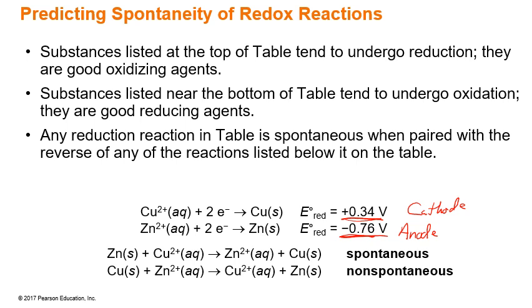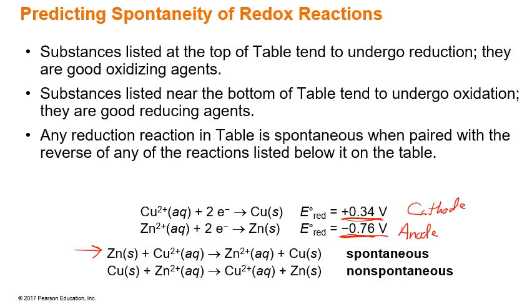So our spontaneous reaction is going to be the zinc forming zinc 2+, the copper 2+ forming copper. The other reaction can happen, but we have to apply an external electrical current.